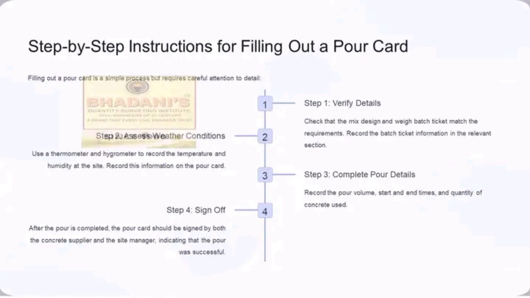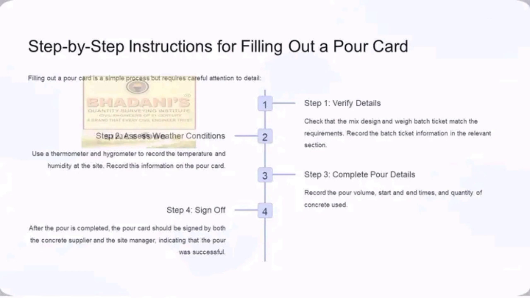Then the final step, step 4, is to sign off. What do we do in signing off? After the POA is completed, the POA card should be signed off by both the concrete supplier and the site manager, indicating that the POA was successful.